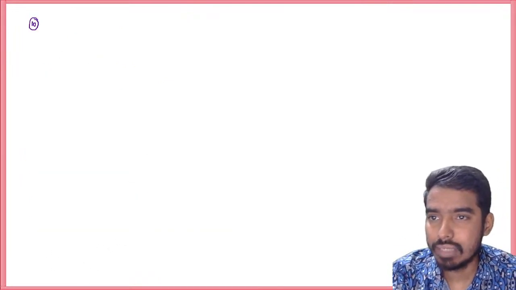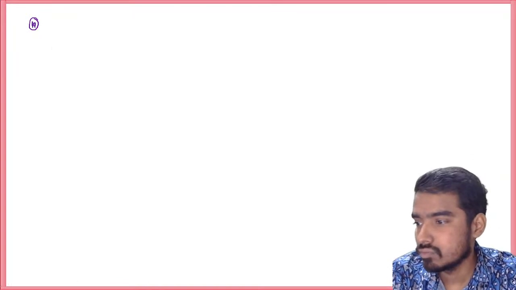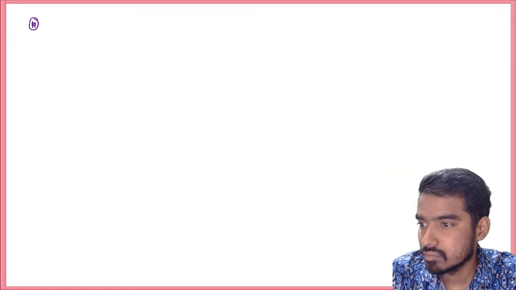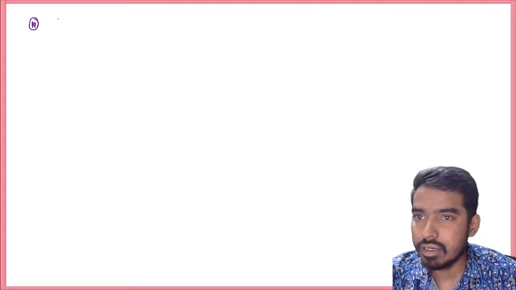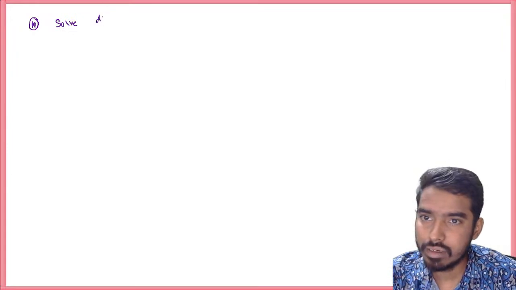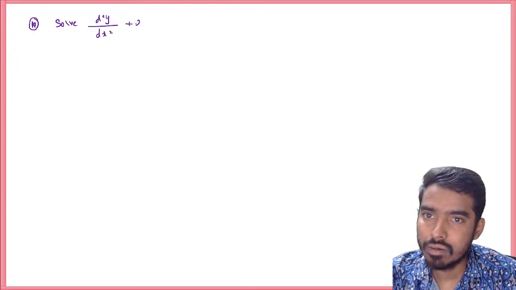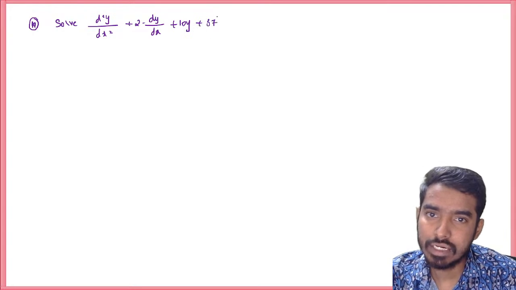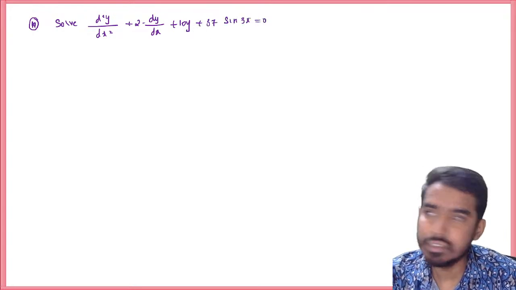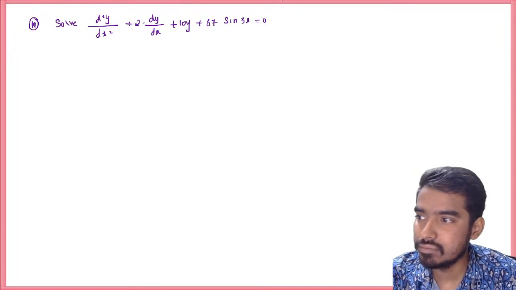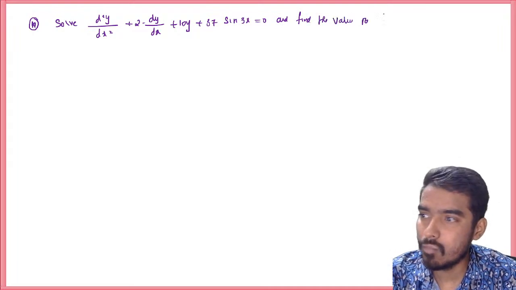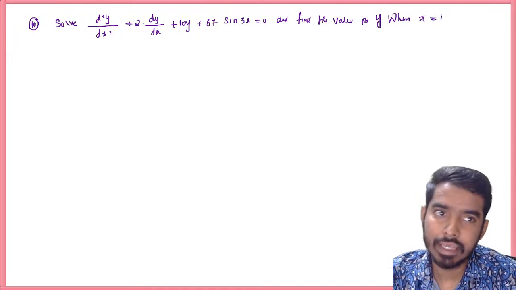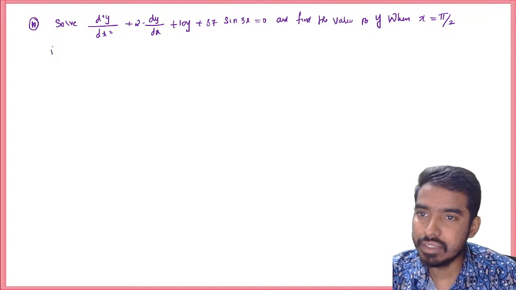We'll move on to 7th problem now. Okay, so solve d square y by dx square plus 2 times dy by dx plus 10y plus 37 sine 3x equal to 0, and find the value of y when x is 5 by 2.